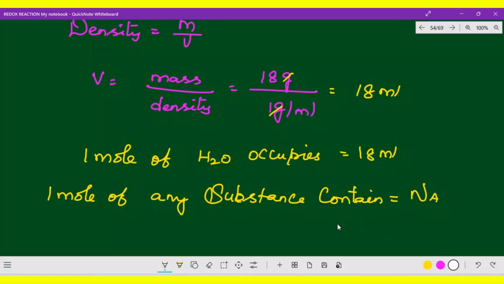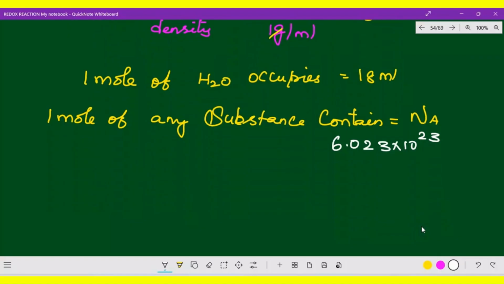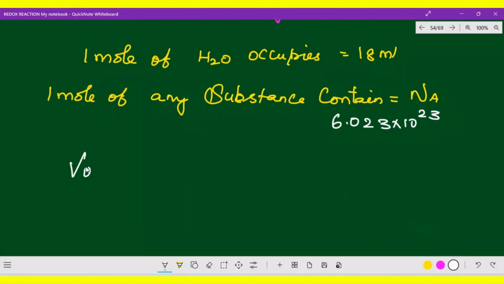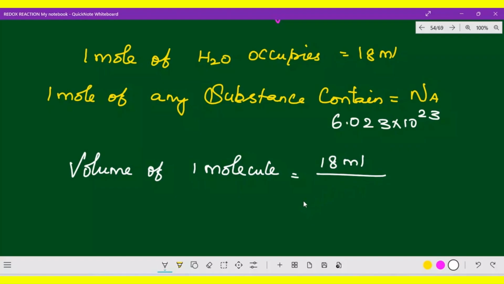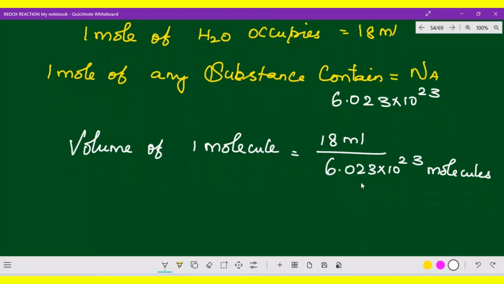Avogadro number, what is it? 6.023 into 10 to the power of 23. Now, the volume of 1 molecule, how much? Here 18 ml divided by 6.023 into 10 to the power of 23 molecules. So volume by Avogadro number gives the volume of 1 molecule.